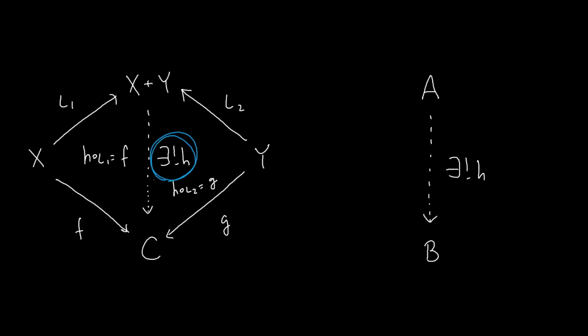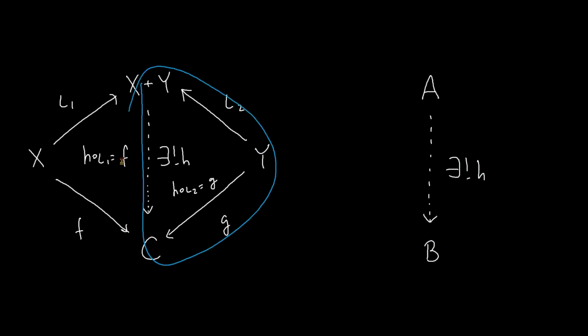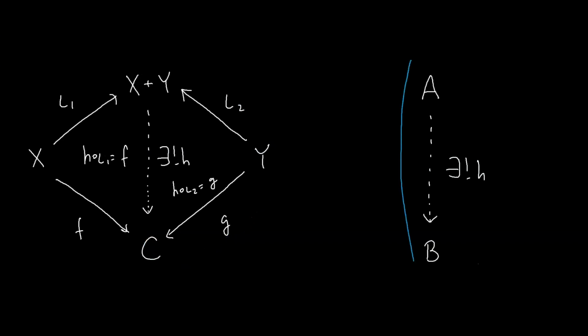We're not just saying that there is exactly one morphism from x plus y to c. We're saying that there is exactly one morphism with the property of these two triangles being commutative. Whereas here, we are saying there is only one morphism from A to B. So in a very direct way, we can't really say that an initial object is the same as a sum.